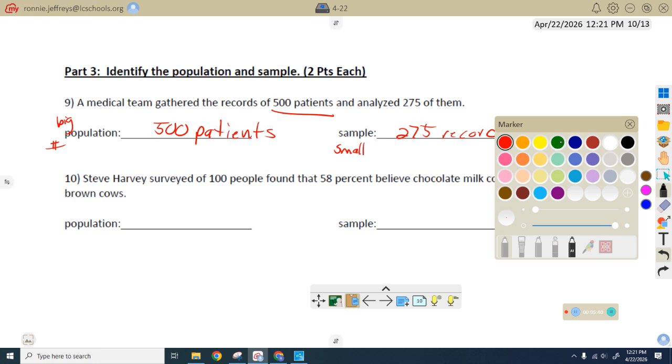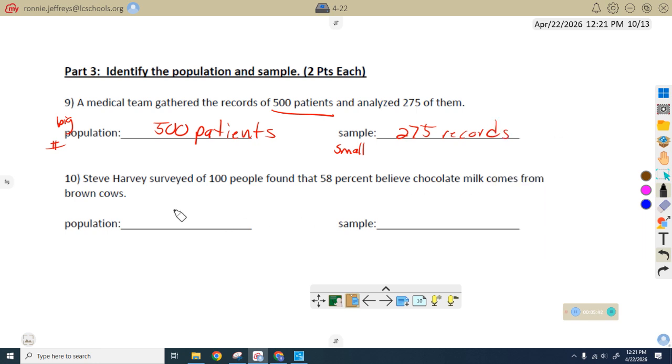Steve Harvey surveyed 100 people, found that 58% of them believe chocolate milk comes from brown cows. Population. Okay, if it is 100 people, then there are 58%. If you wrote believe that chocolate milk comes from brown cows, it's okay.